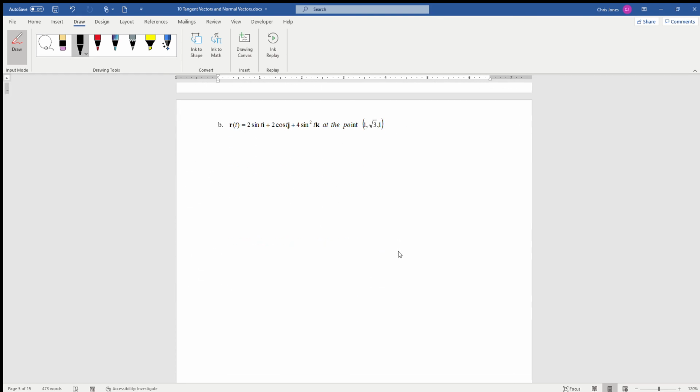A second example, 2 sine t i, 2 cos t j, 4 sine squared t k. So what we want to do is first define the value of t. So we're going to start by saying 2 sine of t is equal to 1, or sine of t equals a half. Right?